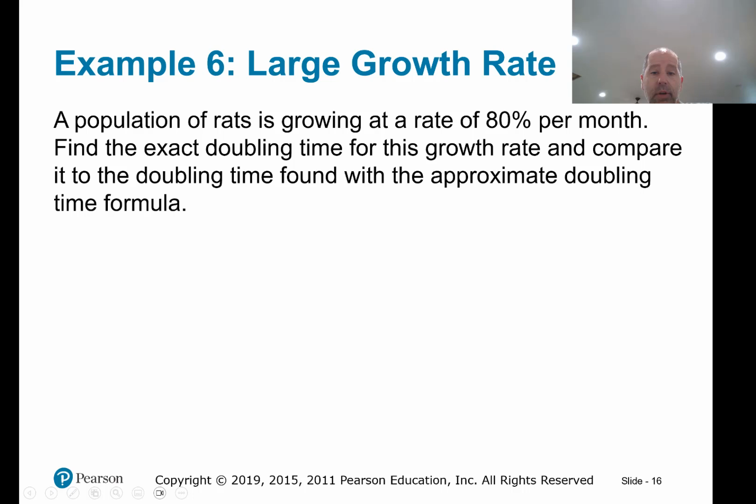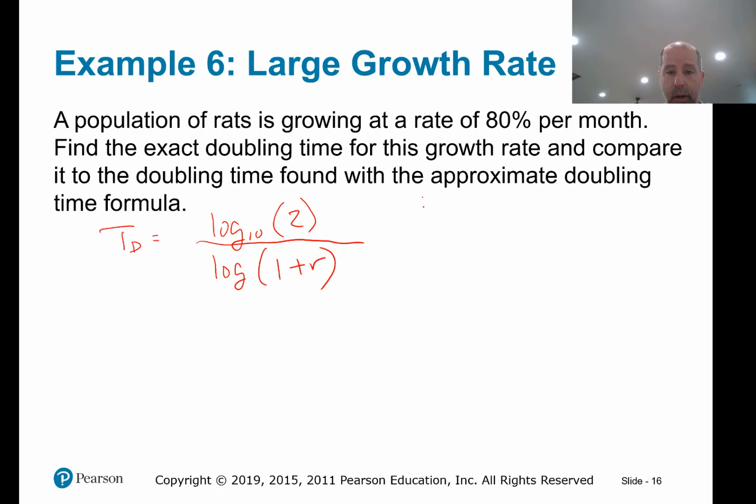So here's where we're going to use the exact formula for the doubling time, and that's going to be equal to the log of 2 divided by the log of 1 plus r, where r is equal to 0.8. And then literally that's all we have to do is plug it in.